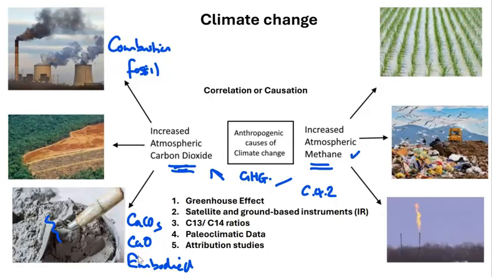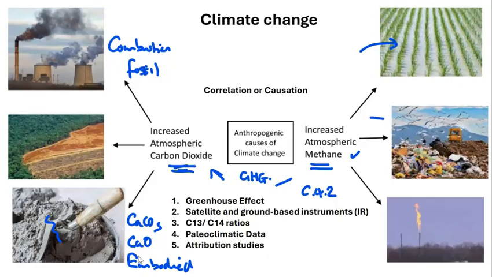On the side of the methane contributors, we have agricultural farming practices, such as can be seen in rice farming, with the methane production from the anaerobic conditions of the soils here.